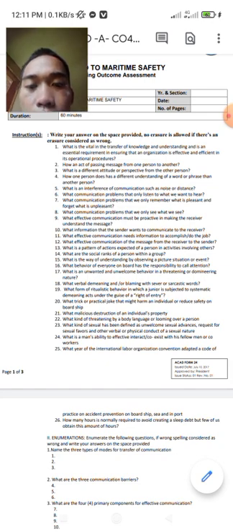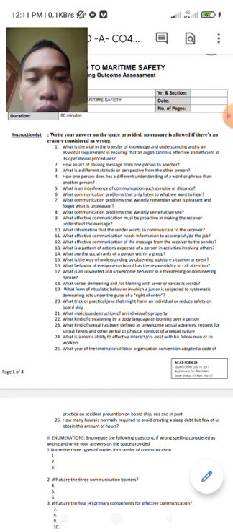So number 11, what effective communication needs information to accomplish the job? It was the receiver, or receiving the message. Number 12, what is the effective communication of the message from the receiver to the sender?